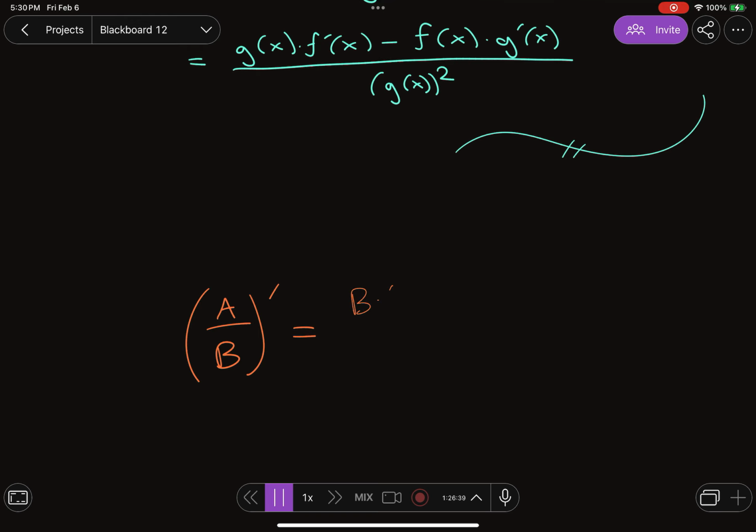Low D high, so D high means the derivative of the high function, minus high, so I didn't change anything to the high function, D low, derivative of the low function, all divided by low squared. All right. So if I were to have U divided by V, prime, that's the same thing as low D high minus high D low, all divided by low squared.